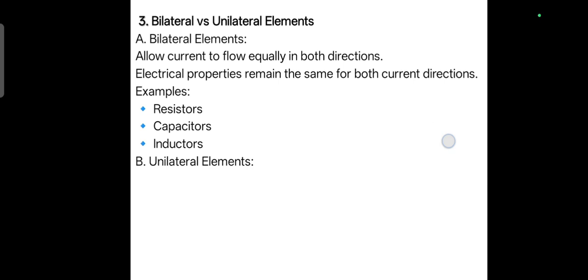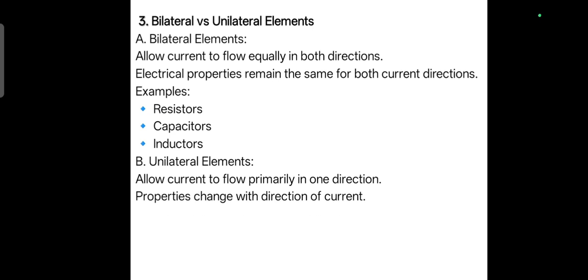A unilateral element allows current to flow primarily in one direction, so the properties change with the direction of current. A unilateral element in an electric circuit is defined as an element whose VI characteristics change on a reversal of polarity of applied voltage.